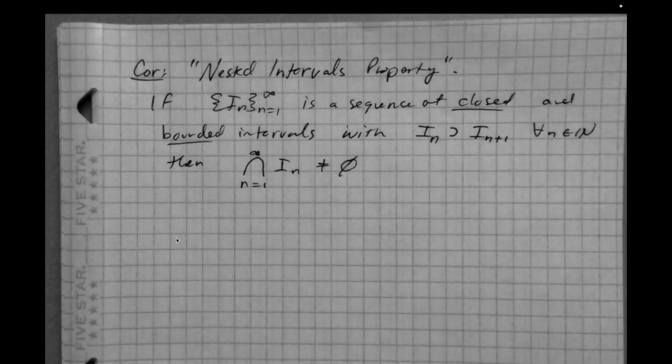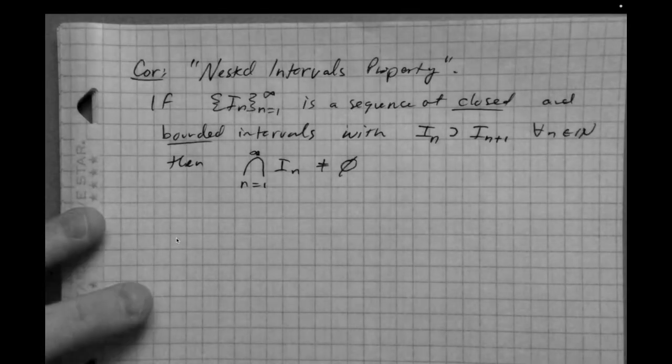So if you've got a sequence of closed and bounded intervals and they're all successively nested, then the intersection must not be empty. Let's take a look at a picture here.